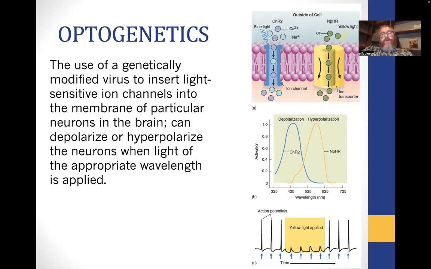So you would infuse the virus and implant the tip of the laser, or basically a tube, a tunnel that will channel the laser beam into the animal's brain, and leave it located right above where the virus was infused.